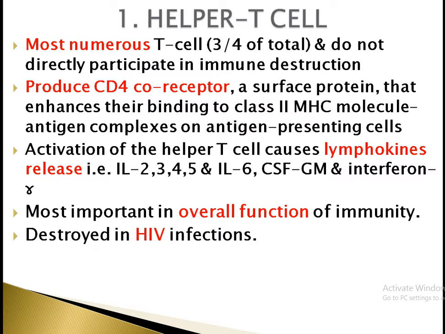And as they are helper T cells, they help the other types, the cytotoxic and suppressor T cells. So the most important thing is that they assist the overall function of immunity. It is the helper T cells which assist the whole immunity process.